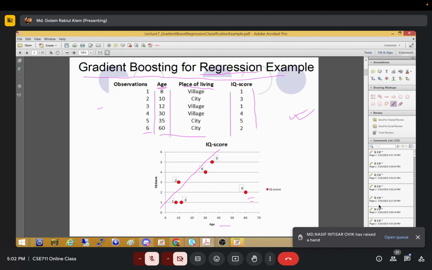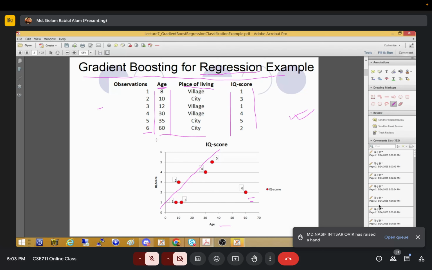The age values, 8, 10, 12, 30, 35, and 60, are numeric values. So we have to deal with those differently from place of living, because those are categorical variable values.